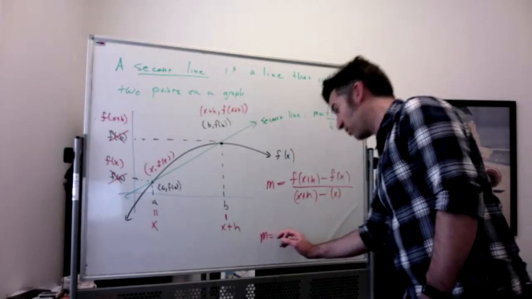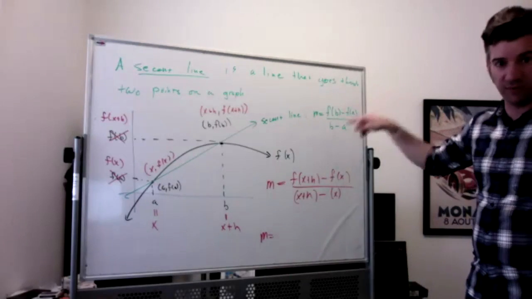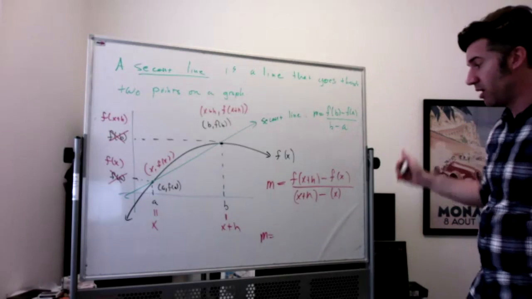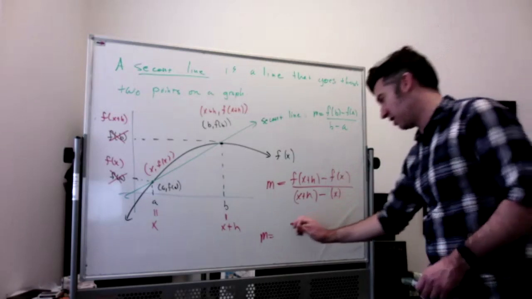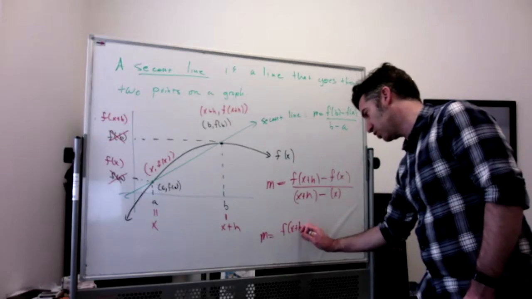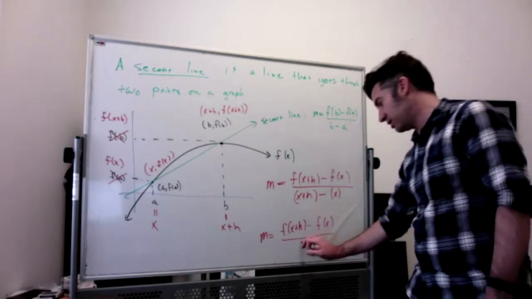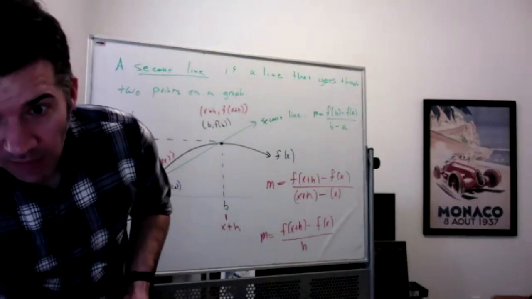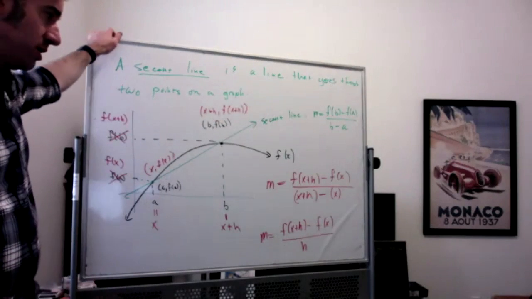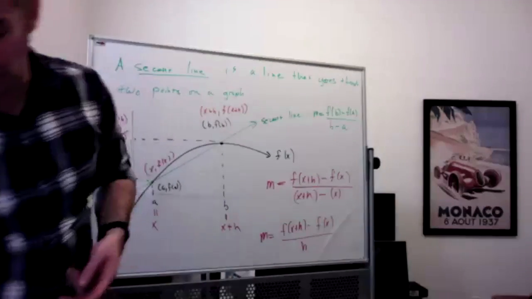So when we're talking about the slope of a secant line, one way to think of it is difference in the y's over difference in the x's, f of B minus f of A over B minus A. But the way that people often, when they say the difference quotient, are actually referring to this: f of x plus h minus f of x all over the difference, which is just h. So if someone says find the difference quotient of some function, they mean find this and simplify it.